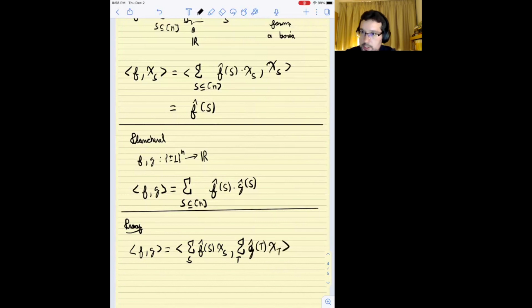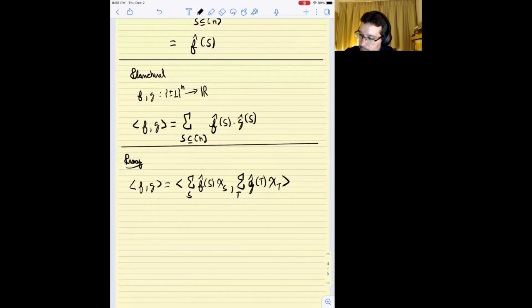And the inner product is bilinear here. So we should have, with very similar reasoning from before, S and T, they're both subsets of n.